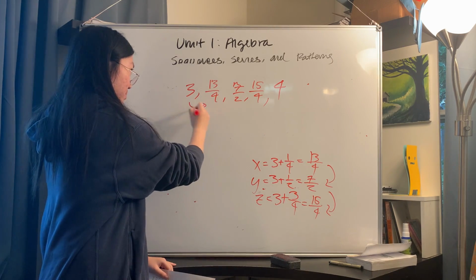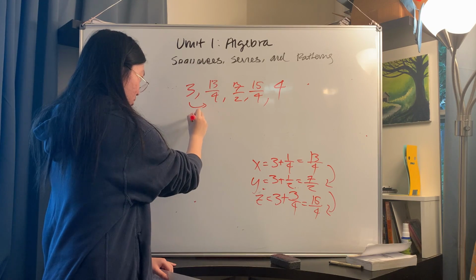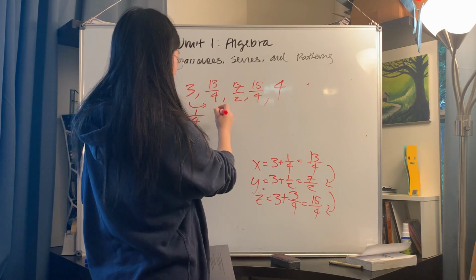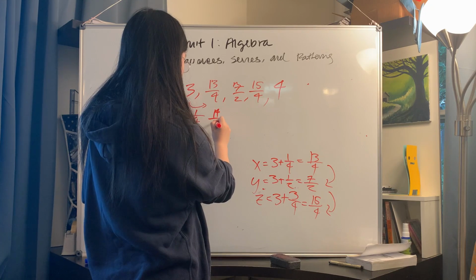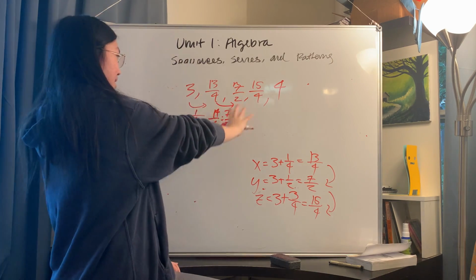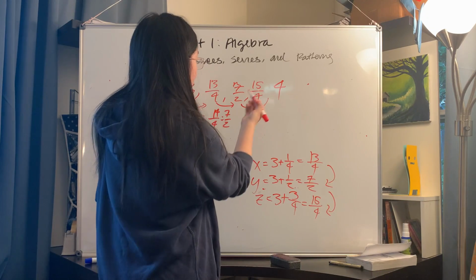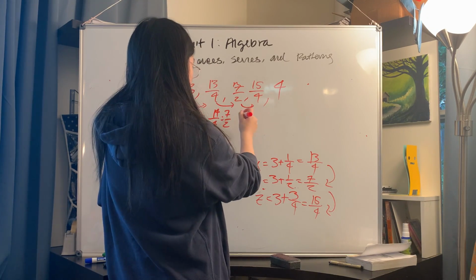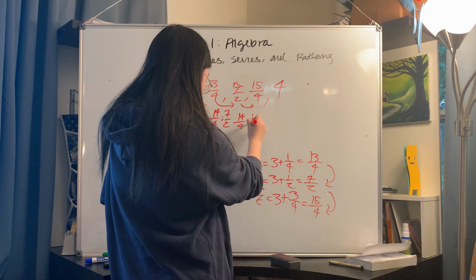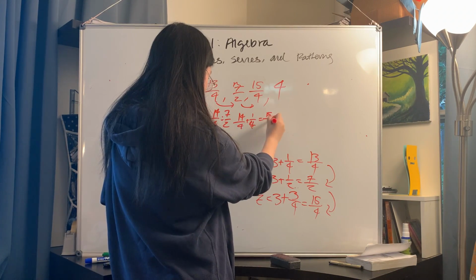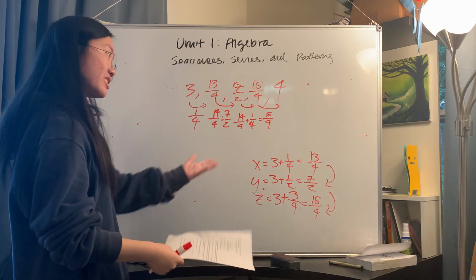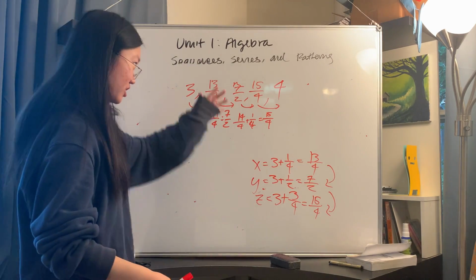So 3 plus 1/4 is equal to 13/4. 13/4 plus 1/4 is equal to 14/4, which is equal to 7/2. So this keeps the same pattern. And 7/2 plus 1/4 is equal to 14/4 plus 1/4, which is equal to 15/4. And then 15/4 plus 1/4 is 4. So this is how we confirmed that what we did here was correct.